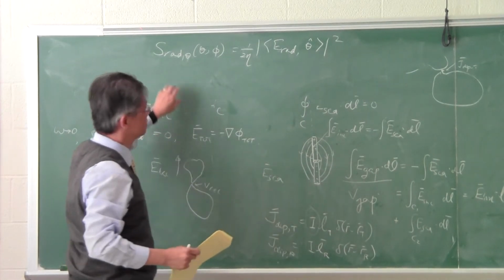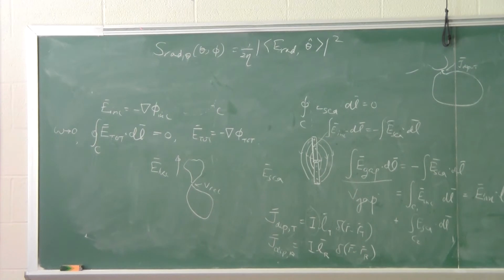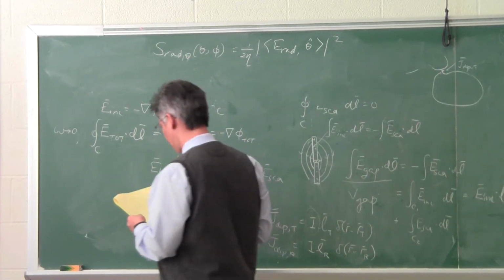I can also write this power we picked up over there, or this quantity. It was earlier picked up by an arbitrary dipole. If this arbitrary dipole is pointing in the theta direction, then this is the power radiated.